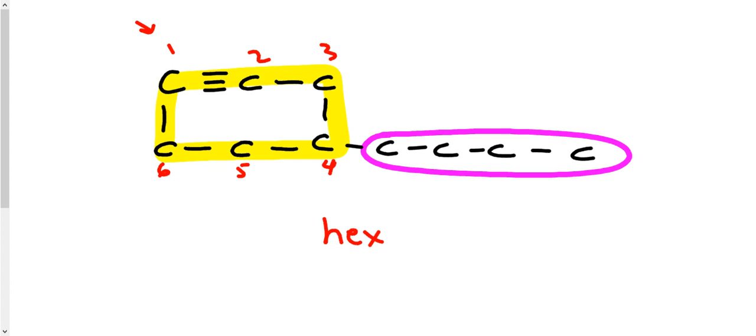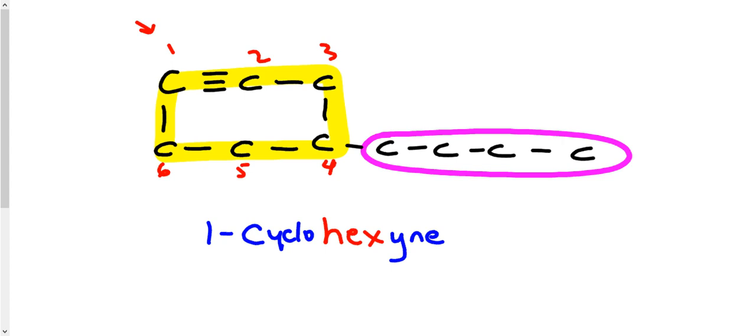Because there is a triple bond, it will have the ending -yne. The triple bond is between carbons 1 and 2, but this hexyne isn't straight, it's a ring. So I'm going to use cyclo, and I'm going to say where that -yne lives is at 1. This is 1-cyclohexyne, but I haven't yet named my branch.